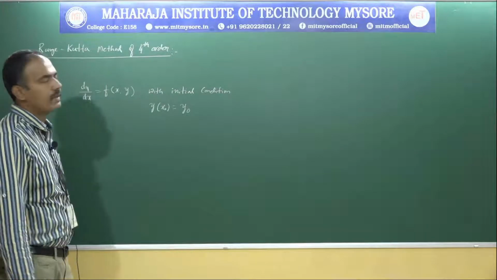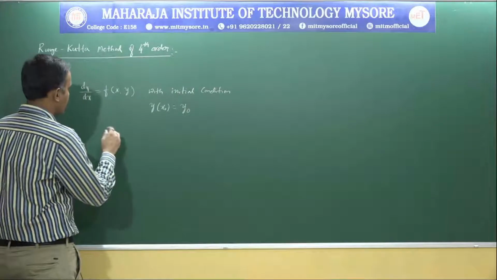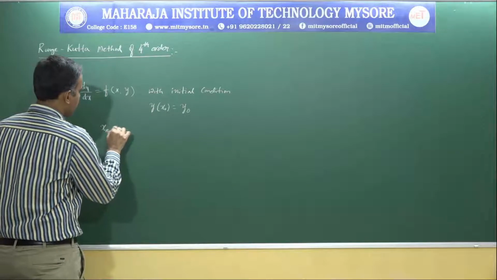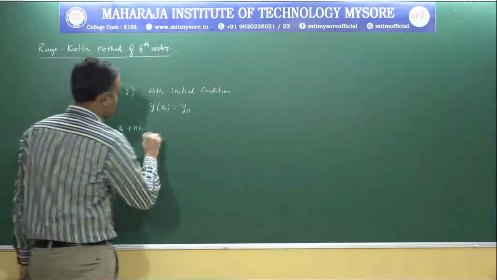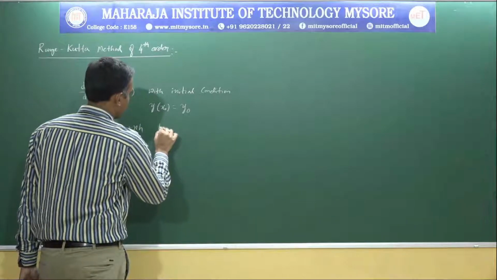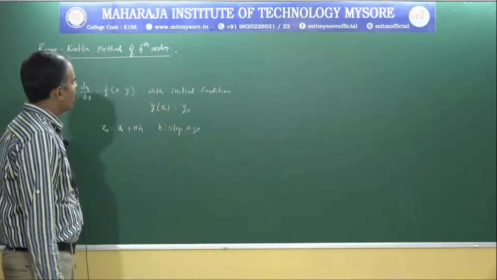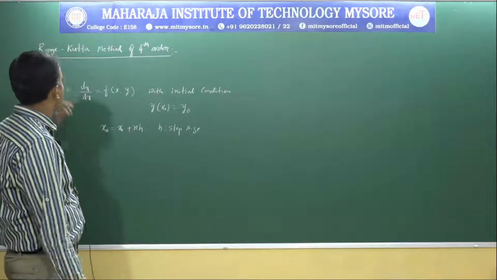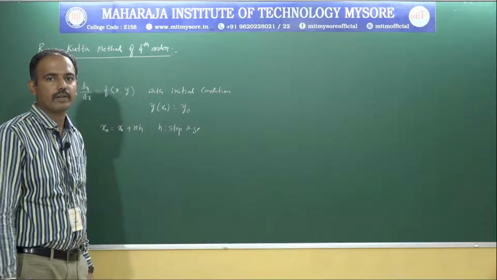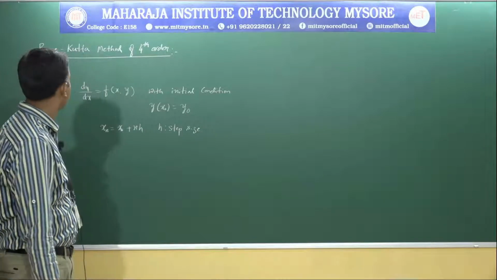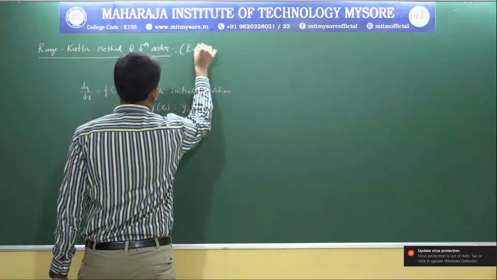Now we can estimate the yn value at the particular point xn is equal to x naught plus n into h, where h is the step size, with the help of the RK method. In short form, we can call the Runge-Kutta method of the fourth order the RK method.